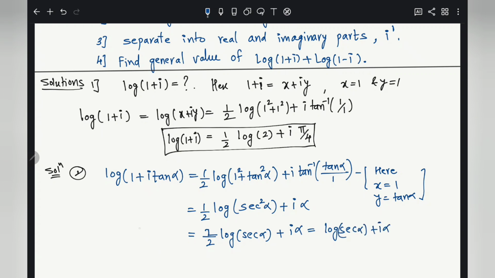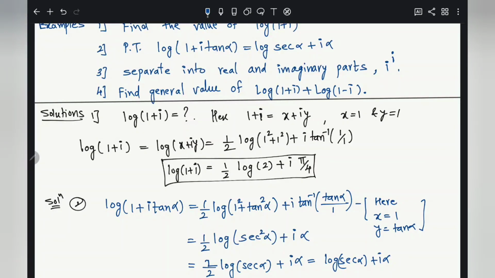This is what we have been told to prove. If you see the question, it says prove that. So we have proved it, and the answer is done.